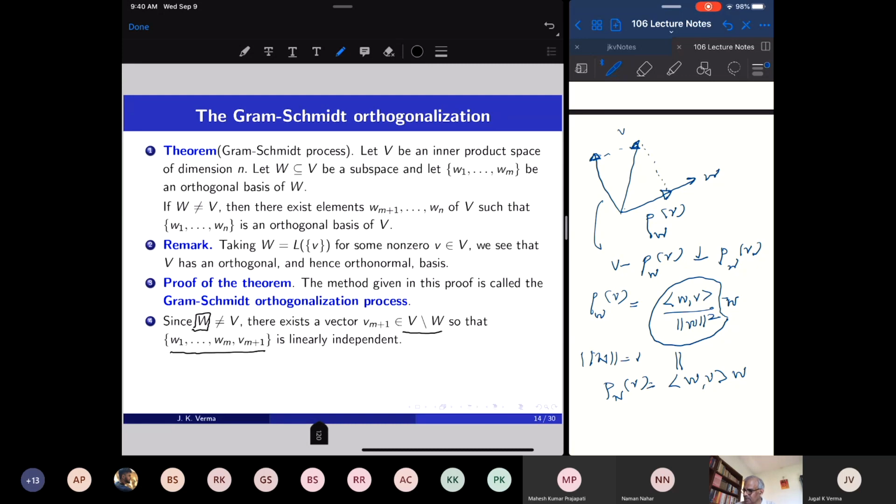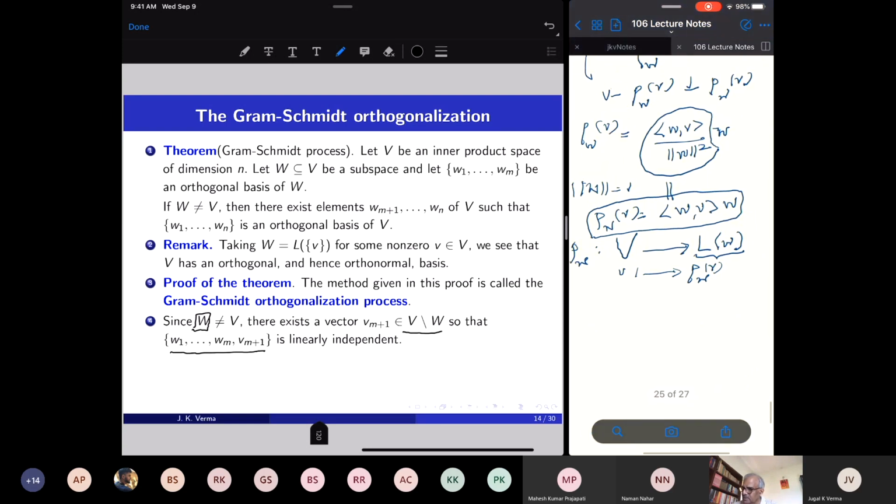So P_W, the projection map, is taking vectors and producing vectors which are in the linear span of W. This is a one-dimensional subspace, consisting of all scalar multiples of W. The input is a vector, and the output is the projection of that same vector in the direction of W, and this formula says that P_W is a linear transformation.